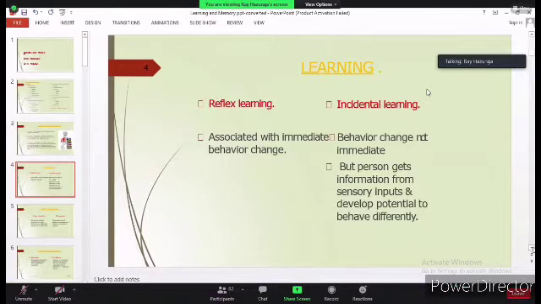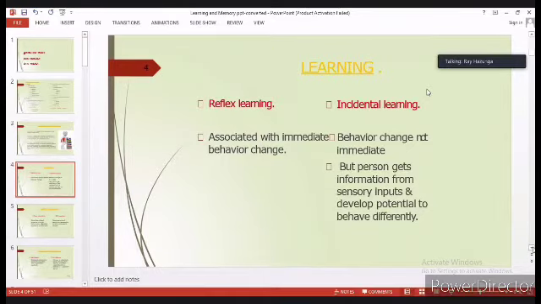This is further subdivided into non-associative learning and associative learning. We'll try to be a bit shallow on this. I don't want you to go into too much detail, because you are going to be doctors and not psychologists. So the one you should pay more attention to is memory. That won't be your job.